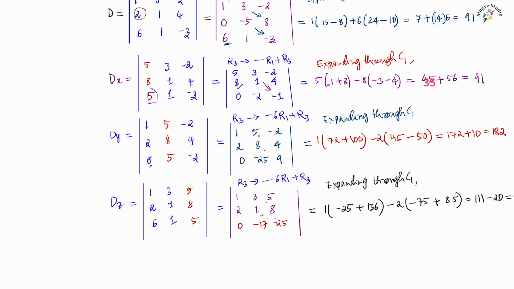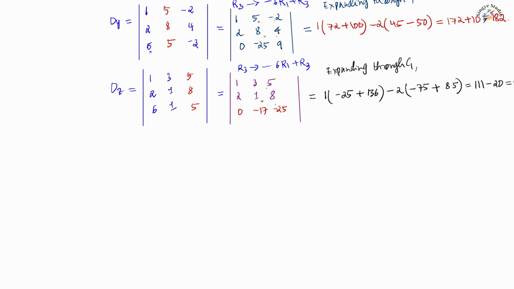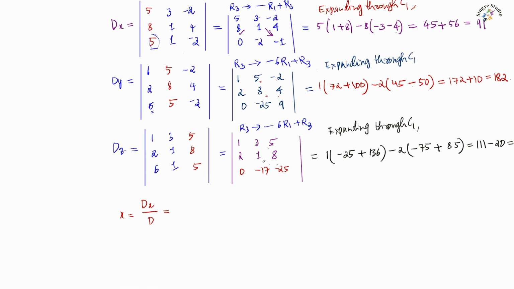Now we have got the value for dx, dy, and dz as well as d. According to Cramer's rule, to calculate x, we just have to divide the determinant value of dx by our original determinant. Our original determinant is 91 and dx is also 91.